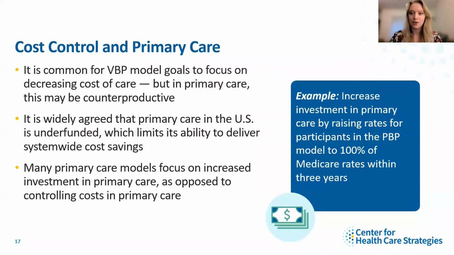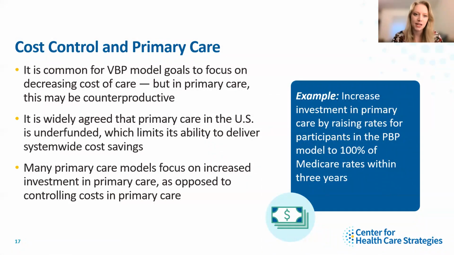Like I said, there's a lot of pre-existing goals inherent in value-based payment, and a really big one is decreasing the really high cost of care in this country. But if you have worked in primary care for a while, you've probably heard this before. Primary care is typically really underfunded in the US, and that limits our ability to deliver effective preventative care, system-wide cost savings, and strong care relationships.